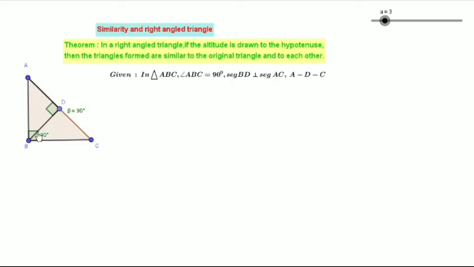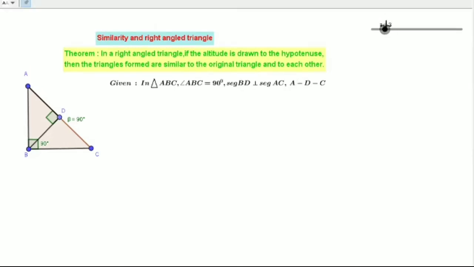AC is the hypotenuse, so BD is the altitude drawn on this hypotenuse AC. It means that BD is perpendicular to AC. And A-D-C, that is the foot of the perpendicular, point D, is between A and C. So betweenness is given. Let's see what we have to prove.